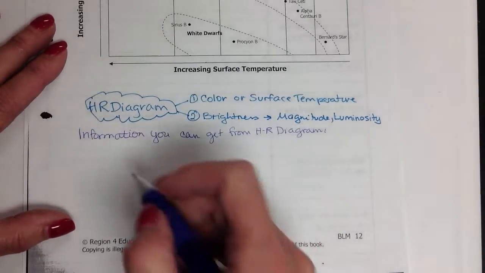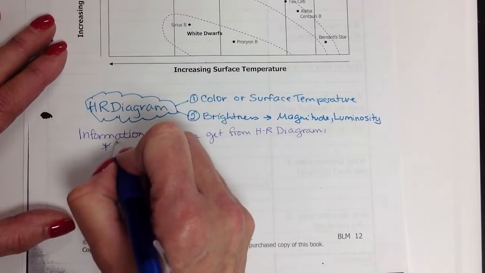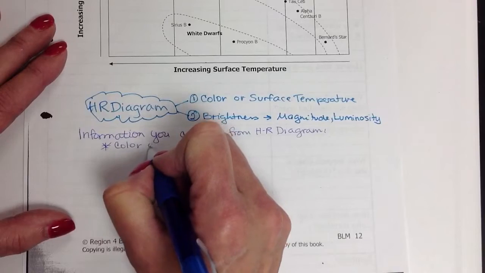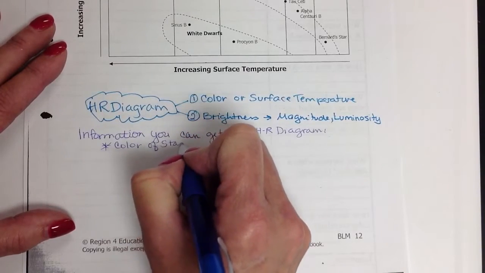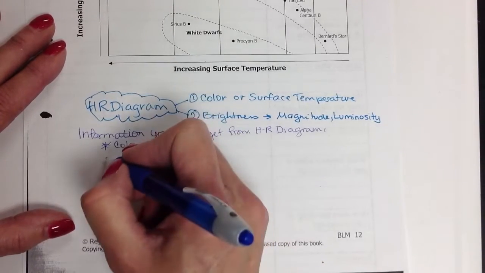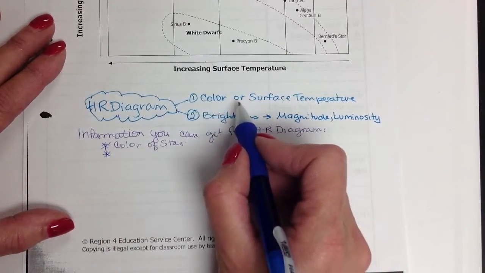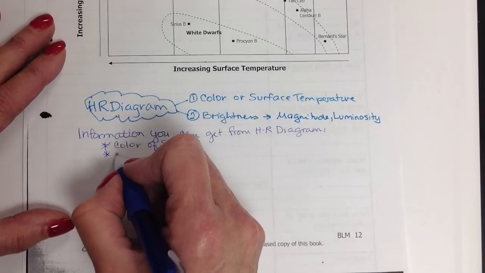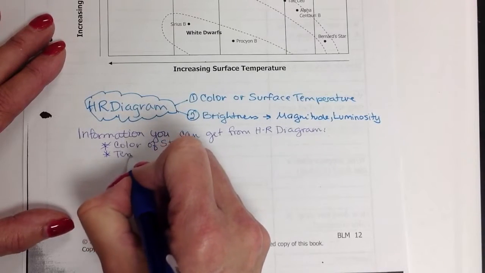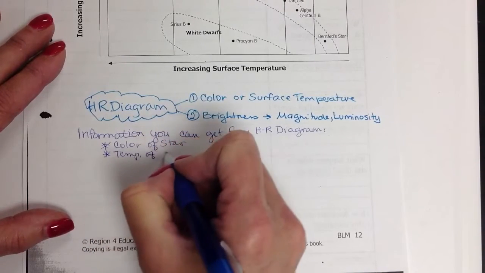Okay, so you can get information on the color of the star. You can get information about the temperature of the star, because remember, temperature and color already are one and the same thing. They're totally correlated. So temperature of star.